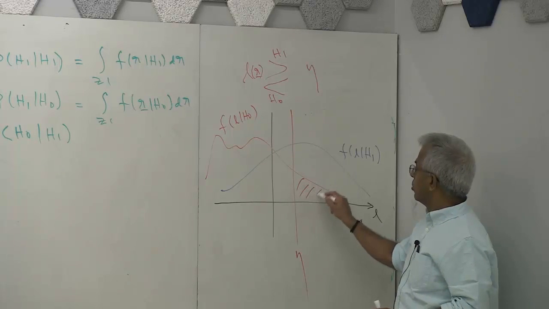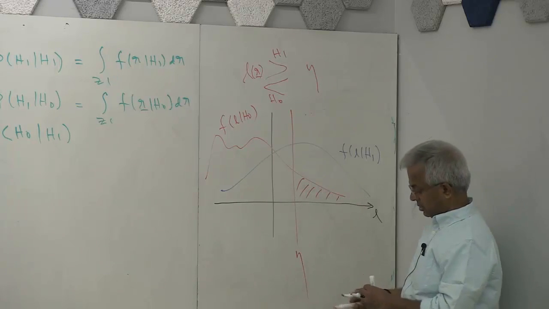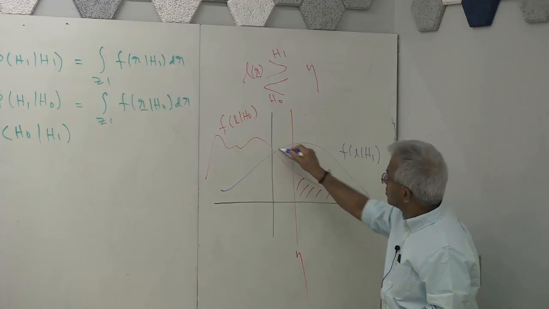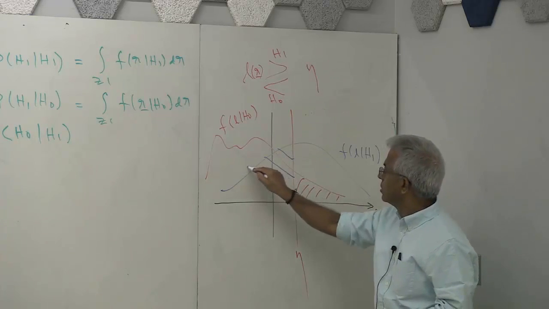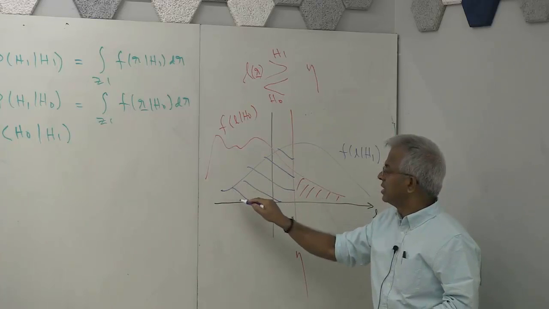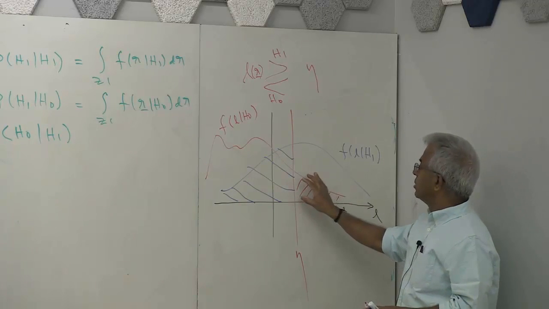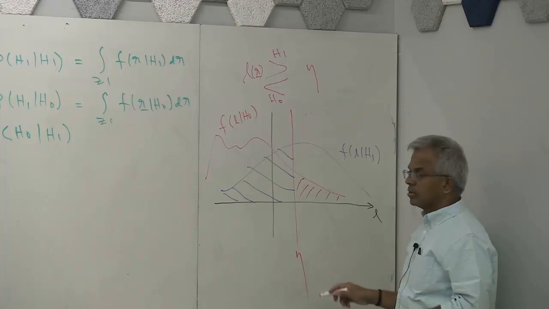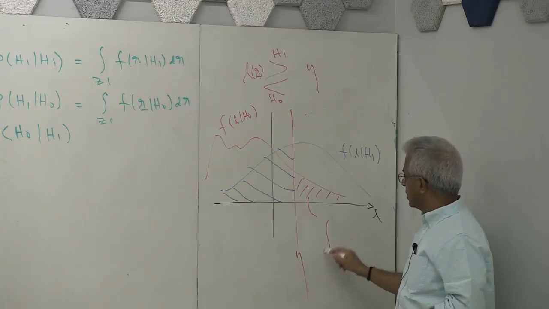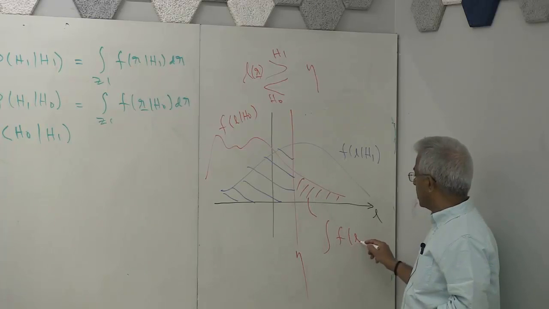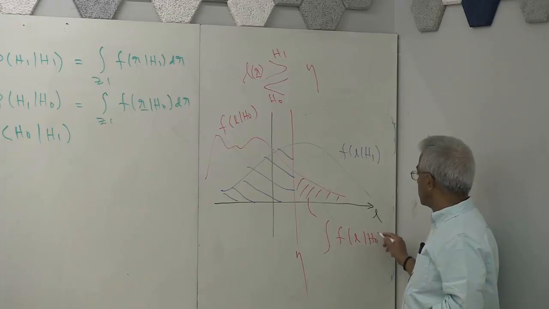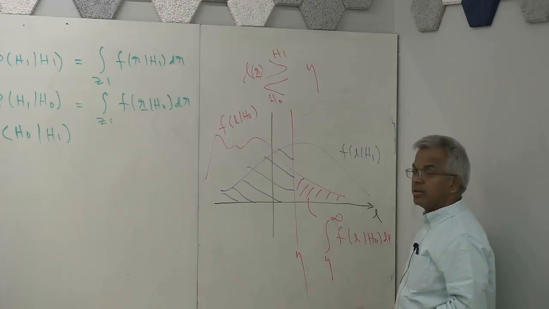So anyone, what is this probability? Anyone can physically see? So for example, look at this red piece. This is the probability of, right, integrating the density function of L given H0 from eta to infinity.